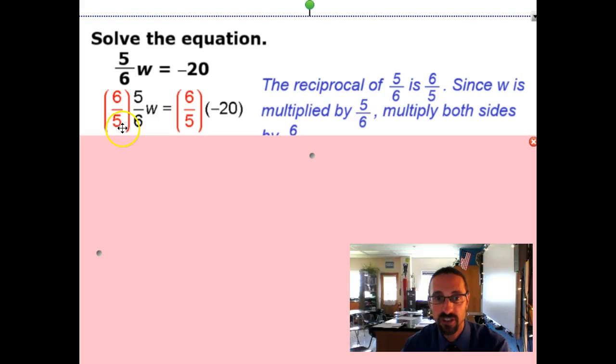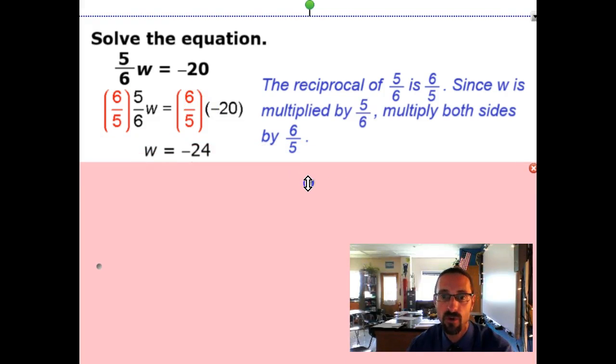This, of course, 6/5 times 5/6 is equal to 1. Sweet. My variable is all by itself. Now, I have to do this math. 6 divided by 5 times -20. And when you simplify that, well, 5 goes into -20 -4 times, and -4 times 6 is -24.